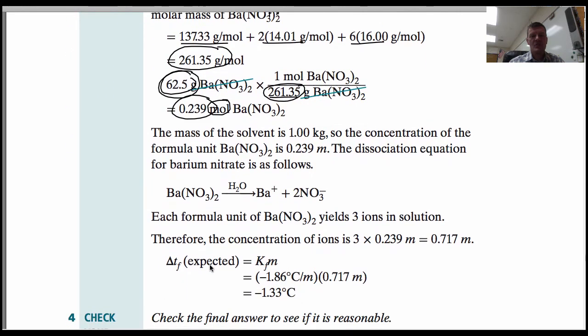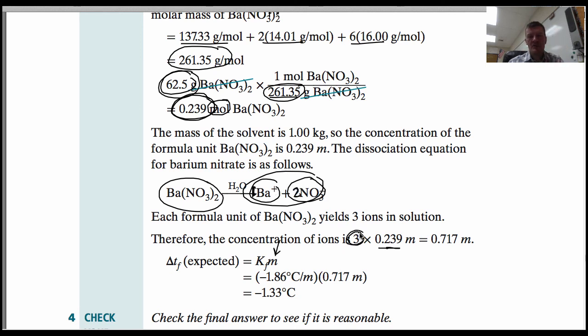That is going into our formula right here. But notice what we did with this 0.239. We tripled it. Why? Because for every 1 barium nitrate unit, it is breaking apart into 3 ions: 1, 2, 3. So actually the concentration is tripled.